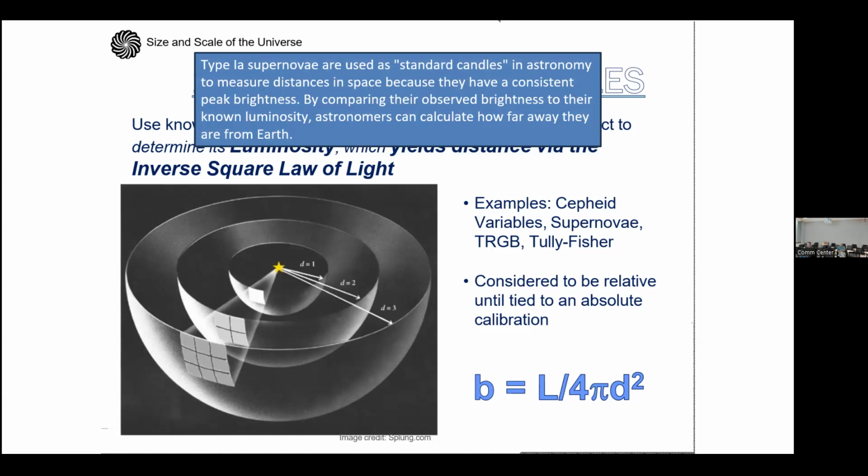And they do it with a consistent luminosity, because white dwarfs are always the same size. They always pull the same amount of material from the companion at a consistent luminosity. So when we find a type 1A supernova, we can tell how far away it is by how bright it appears to us.